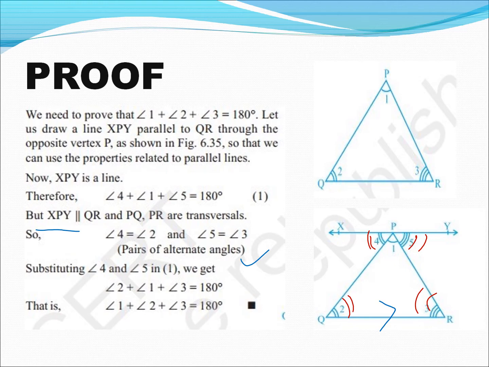Now XY forms a straight line, so we can write 4 plus 1 plus 5 is equal to 180 degrees. Since 4 equals 2 and 5 equals 3, 1 plus 2 plus 3 is equal to 180 degrees.